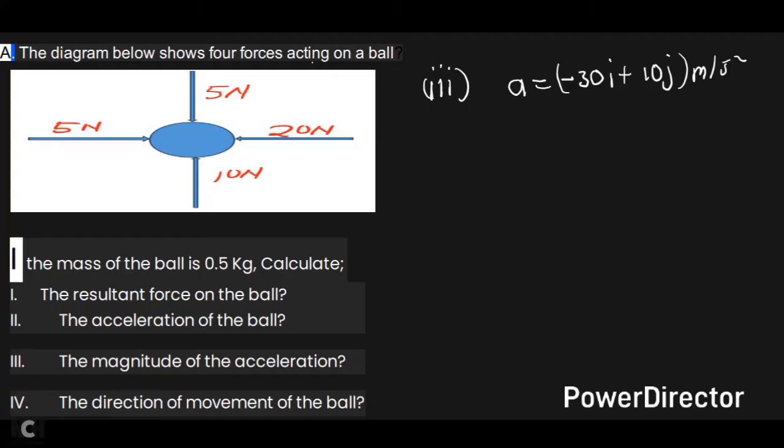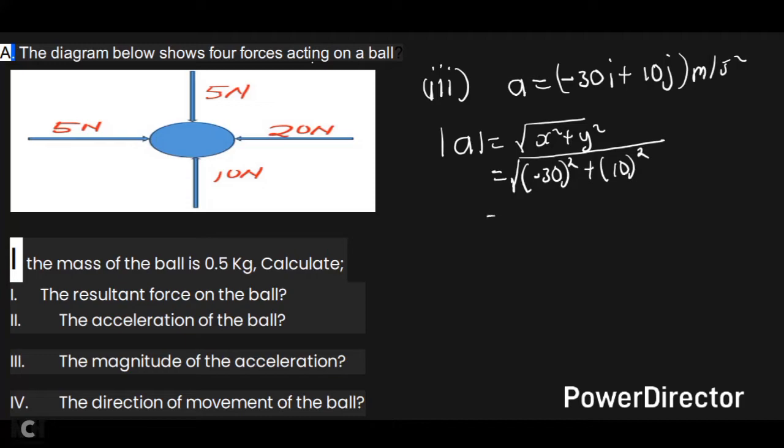In this situation, I have to say the magnitude is equal to the square root of x squared plus y squared. What was the acceleration in the x-axis? It was 30, squared. How about in the y? It is 10.